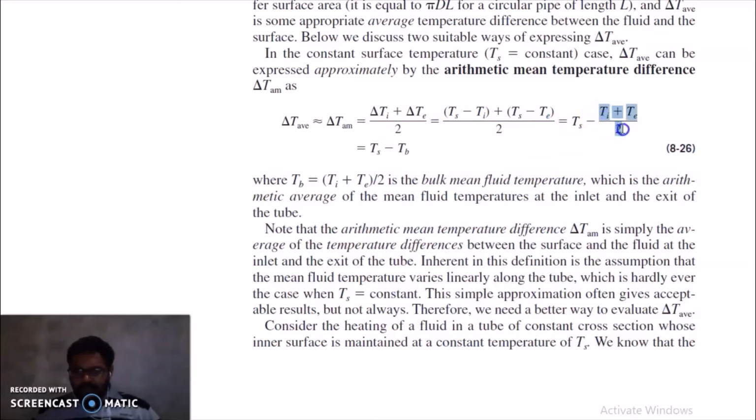Now this component is the bulk mean fluid temperature, which is the arithmetic mean average of the mean fluid temperature at inlet and exit. So it is also called Tb, bulk mean fluid temperature. So note that arithmetic mean temperature difference del Tm is simply the average of temperature difference between the surface and fluid at the inlet and exit of tube.